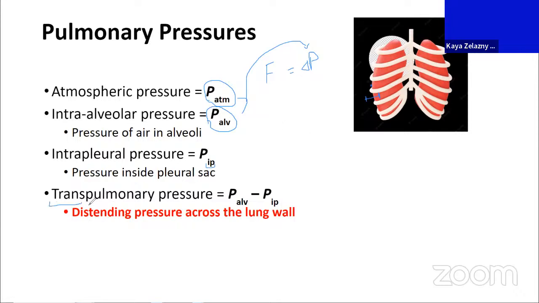So trans is that across bit, pulmonary, that lungs. We can think of this as the distending pressure across the lung wall. So distending has to do with deformation, so shape changes, right? So what we're saying is that that transpulmonary pressure is responsible for the force that's going to be moving the lungs, either making them bigger or smaller. That's why we care that we have a transpulmonary pressure.